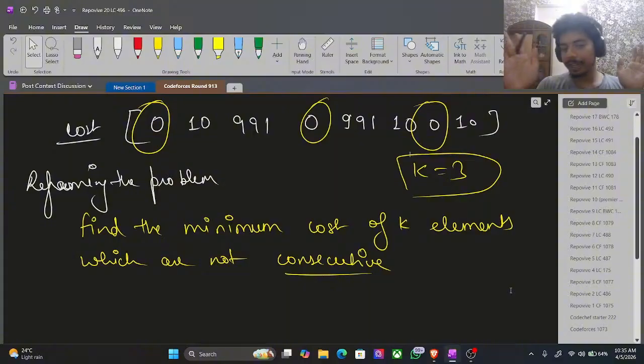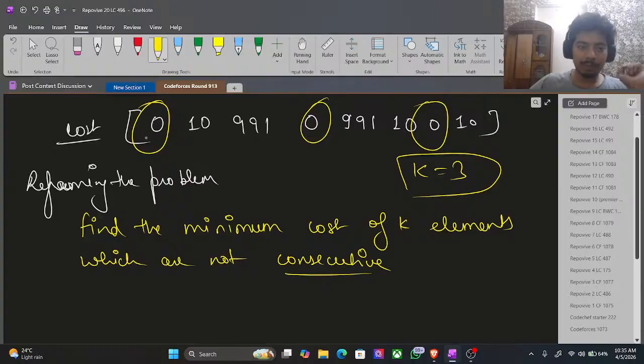I'm not going to work on the array, I'm going to work on the cost array. From the cost array, choose exactly k elements which are not consecutive and will sum up to the minimum possible cost. Is this clear or not?